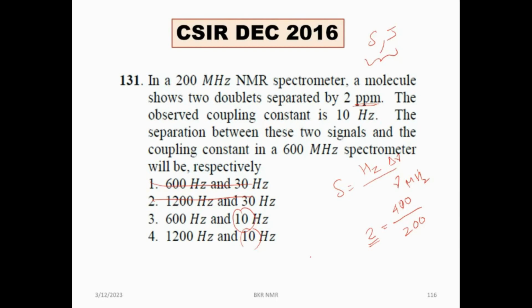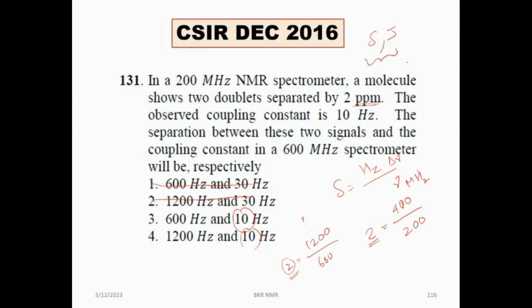Similarly, if I take a 600 megahertz instrument, the 2 will not change. The ppm between the lines will never change. Coupling constant will never change. If I want to have 2, what should be the numerator? 1200. Okay, so just keep in mind.